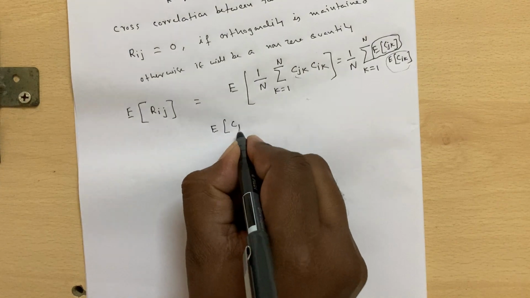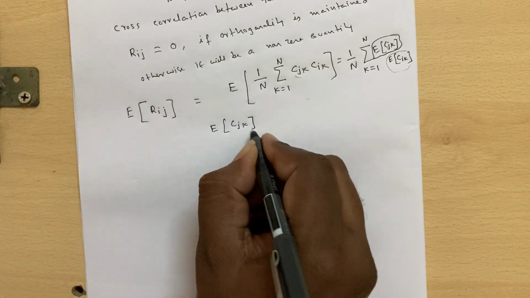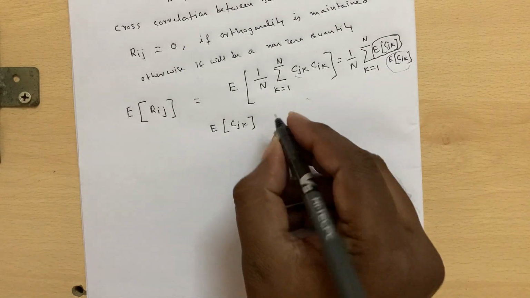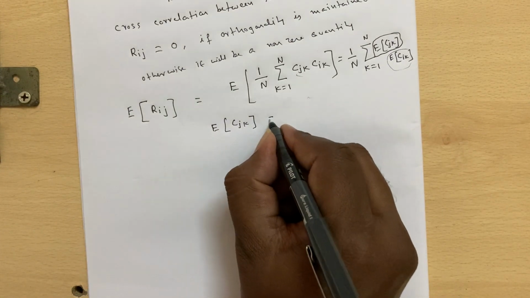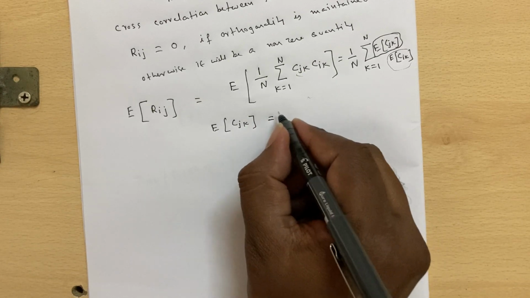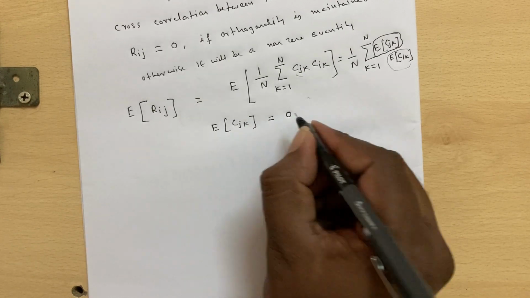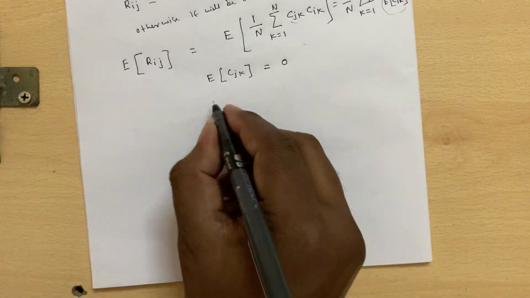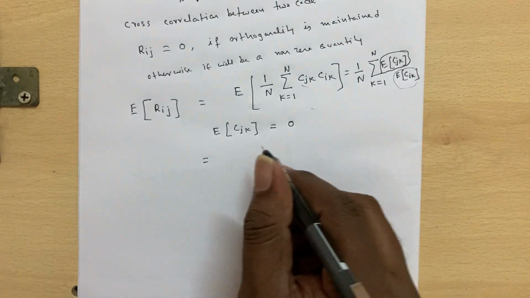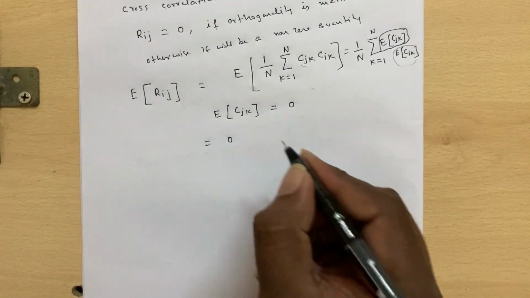Because each chip is alternating between 1 and -1, and over a long string of chips over a long period of time, you can have approximately equal numbers of ones and minus ones. So this will be 0. Thereby the expected value of the cross correlation function is 0.